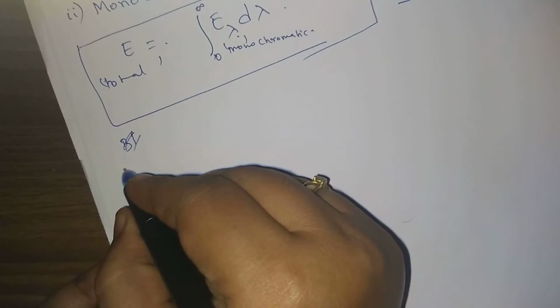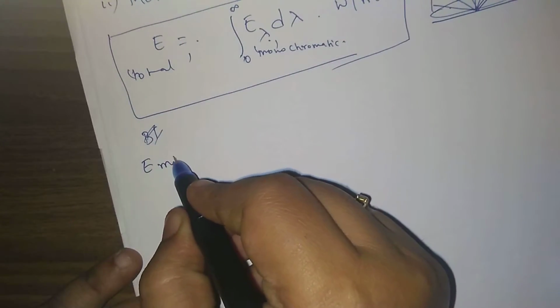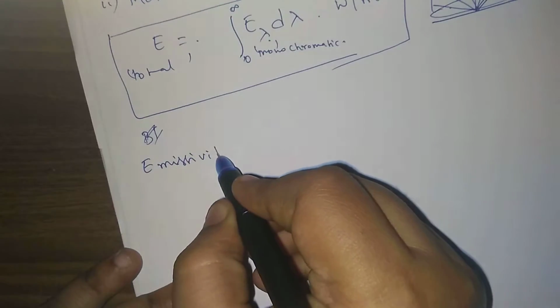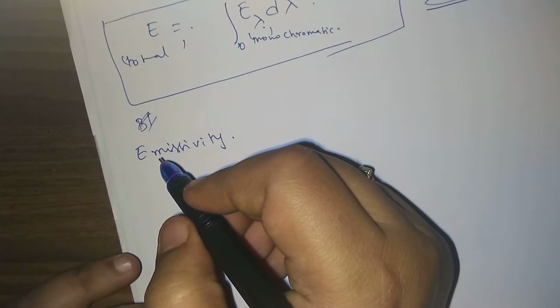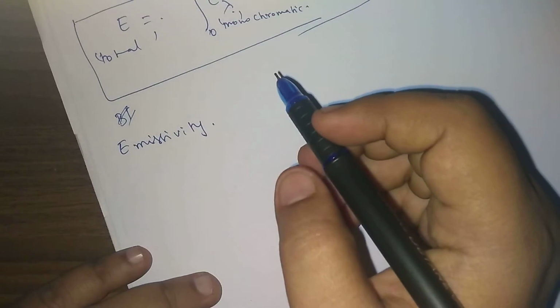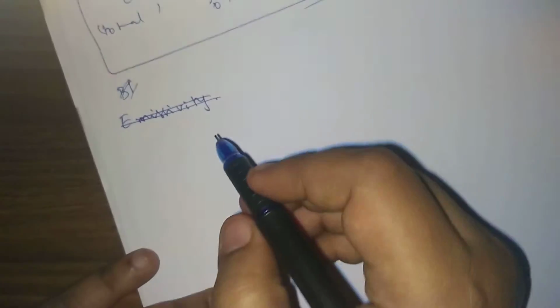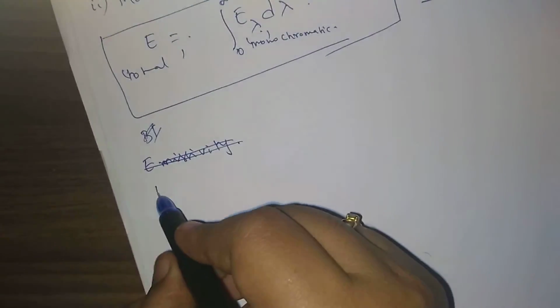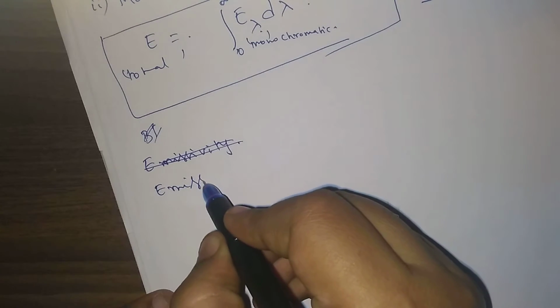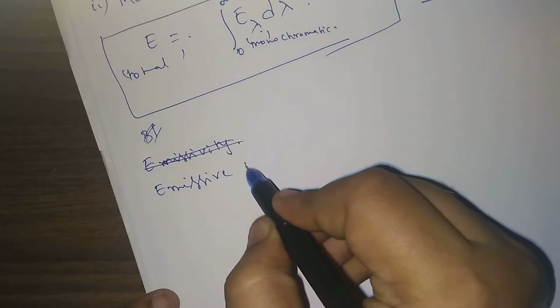Next we will define what is called emissivity. Now how do we define this emissivity? Before defining emissivity, how do we define emissive power? We did not define emissive power, right?